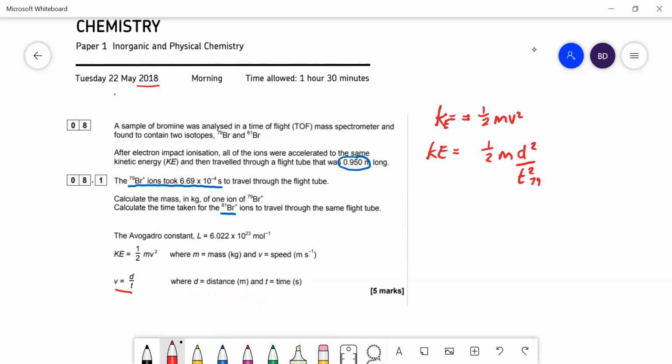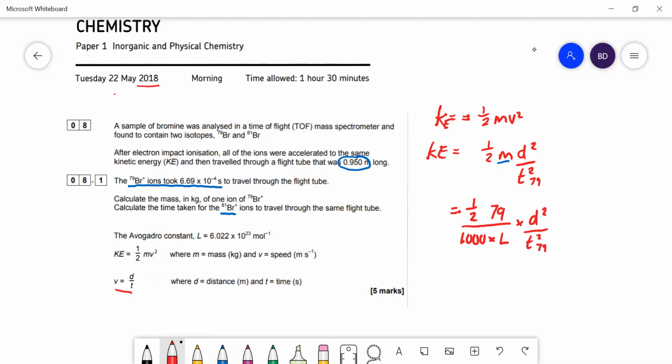The mass of the 79 we worked out before is the mass of 1 mole, 79, so kinetic energy is equal to a half times the mass of 1 mole, 79 divided by 1,000 so it's in kilograms, and divided by the Avogadro constant L. So we replaced m with that little bit there, times d squared over t squared 79.